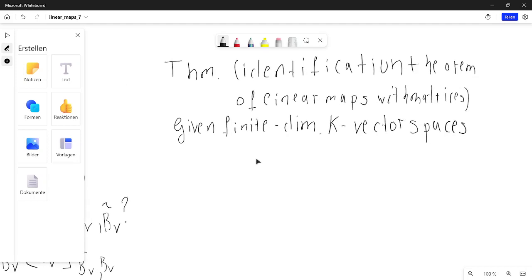Given finite-dimensional k-vector spaces. And in case you are wondering, until now we have identified the evaluations. Now we are really identifying the objects. And we are identifying them in a very proper, rigorous way.